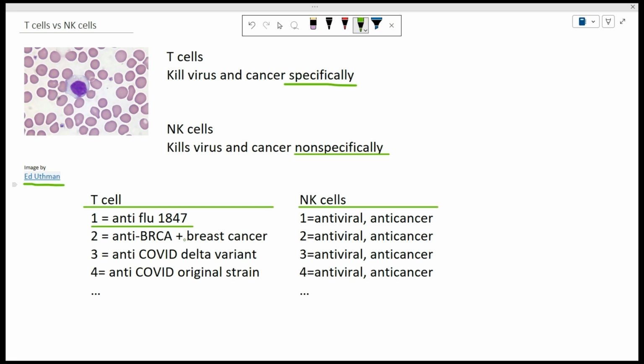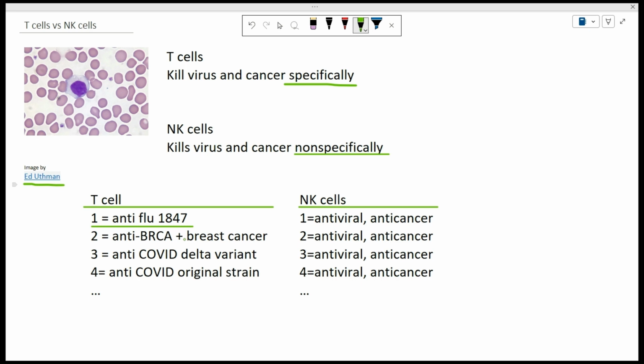If you have flu 1848, it isn't going to touch it. If you have breast cancer, COVID, any sort of virus you want to name, it's not going to touch it. Why? The only thing that T cell touches is flu 1847. If you have anything else, that T cell is totally and completely worthless.